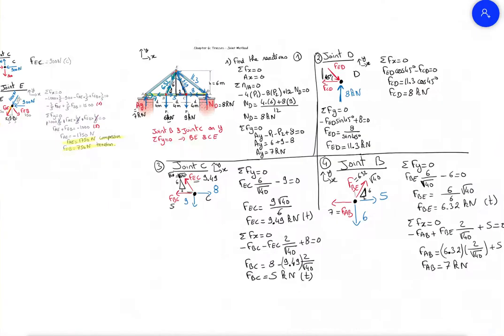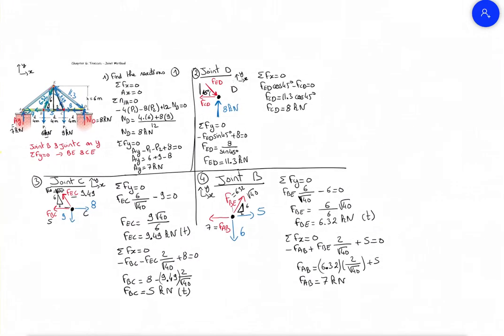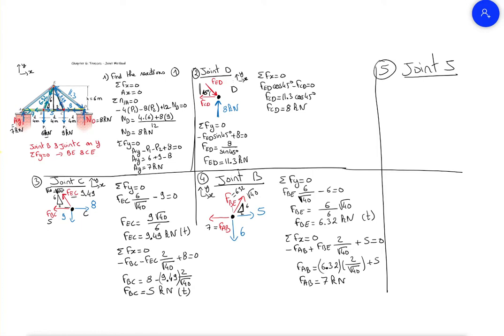Here we go. It takes time. So the last one, step 5, is the joint A. I will make it bigger.